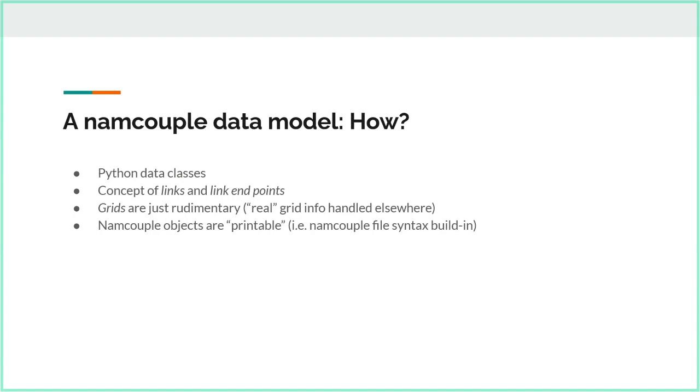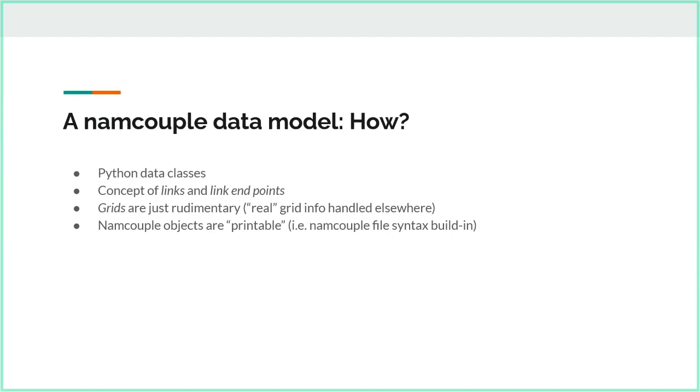Basically, we recognized the objects that are hidden in the NumCouple information. I will mention the grids later on. The one thing that is really nice, once you have an object, at least in Python, is that it's very easy to make the object printable.